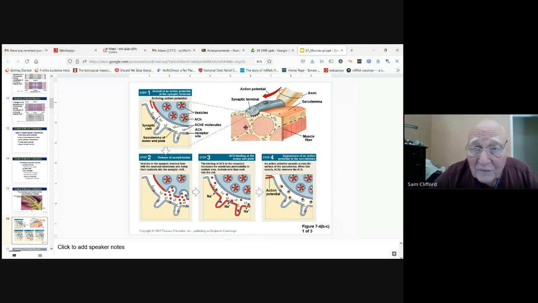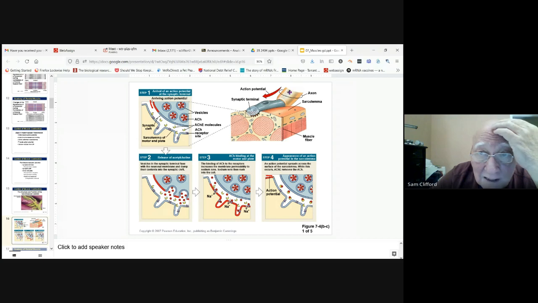So if you look at the axons, you have the synaptic terminals, because this is a synapse between muscle and nerve. A synapse is the gap between the nerve and the muscle. Within the synaptic terminals, there's vesicles containing acetylcholine.